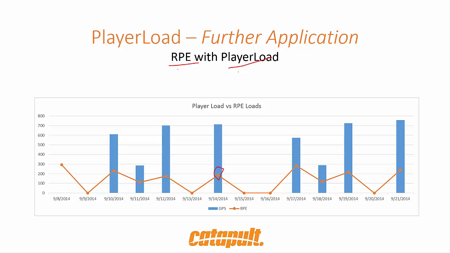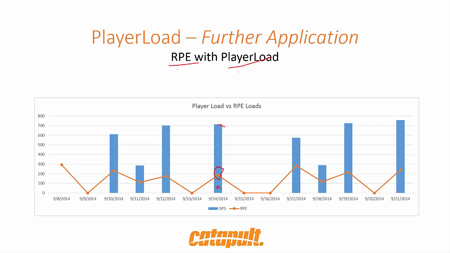The reason I like this is because if there's a disagreement, I want to know why. I want to know why, if this 700 load is here in terms of the GPS unit and he perceived it very low down here, is it because the intensity wasn't there, that he's recovered and adapted very well?